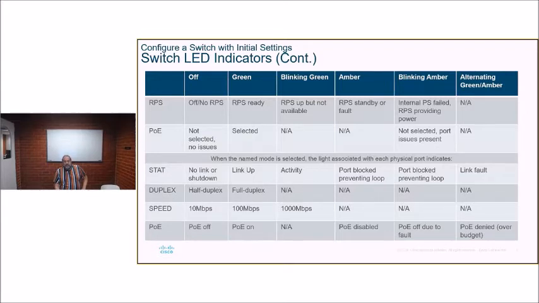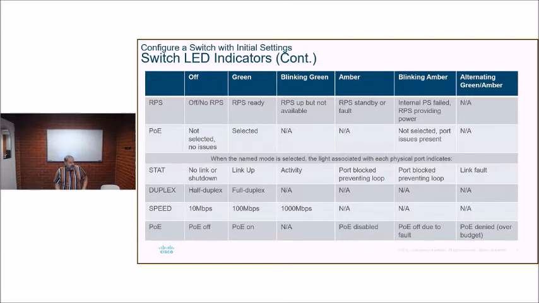Blinking amber means an internal power supply failed and the RPS is providing power. With PoE, selected means no issues, and the only one with a meaning is blinking amber, which means not selected, port issues present.